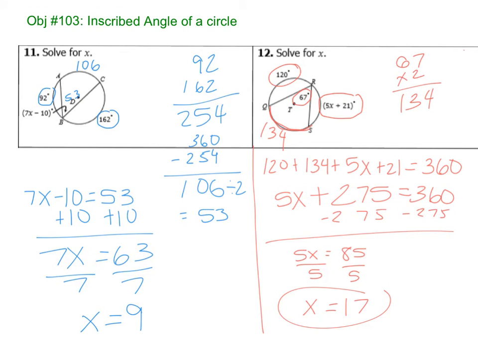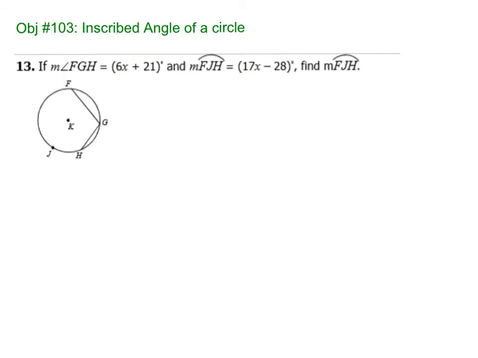And these are kind of nice. We don't have to worry about plugging in or anything. All right, let's see. The measure of angle FGH is 6x plus 21. And arc FJH, the arc that goes with it, is equal to 17x minus 28.